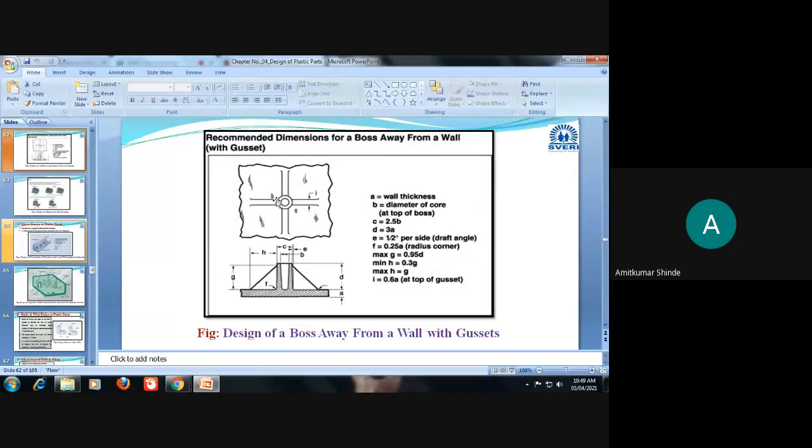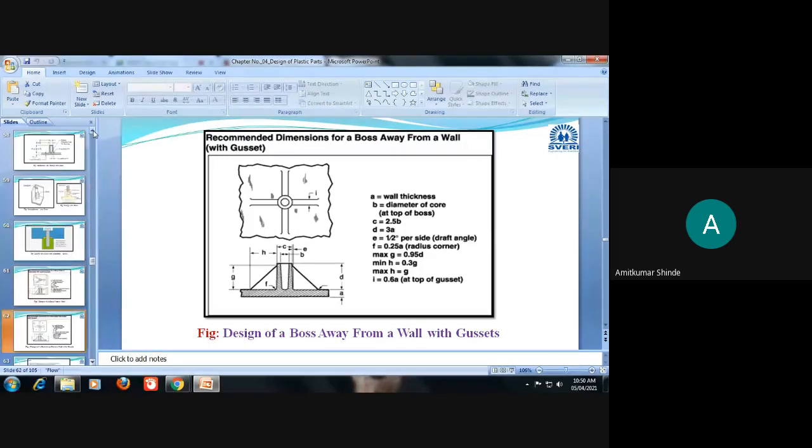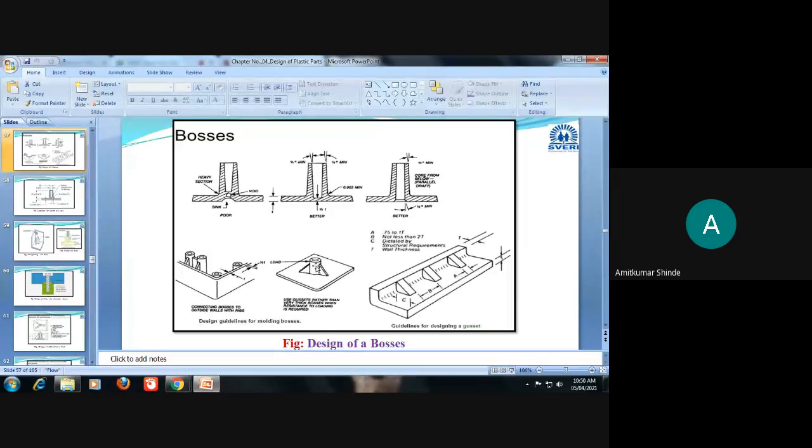This is the boss, the central boss, and from four sides we are going to provide these ribs.